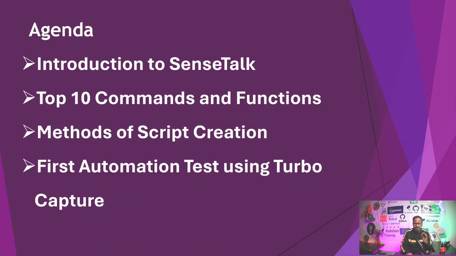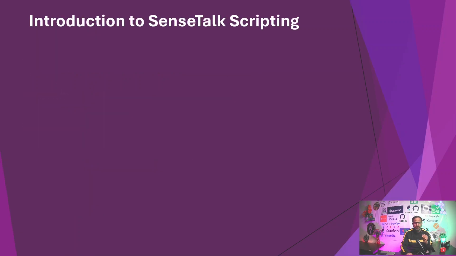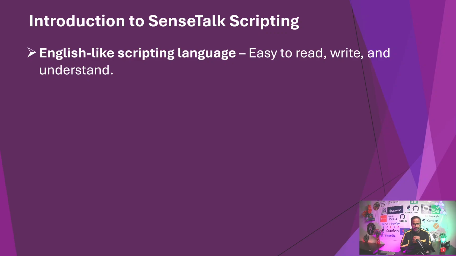Our first agenda item is the introduction to SenseTalk scripting language. Let us understand what SenseTalk scripting language is. So, SenseTalk scripting language is an English-like scripting language, which is very easy to read, write, and understand.